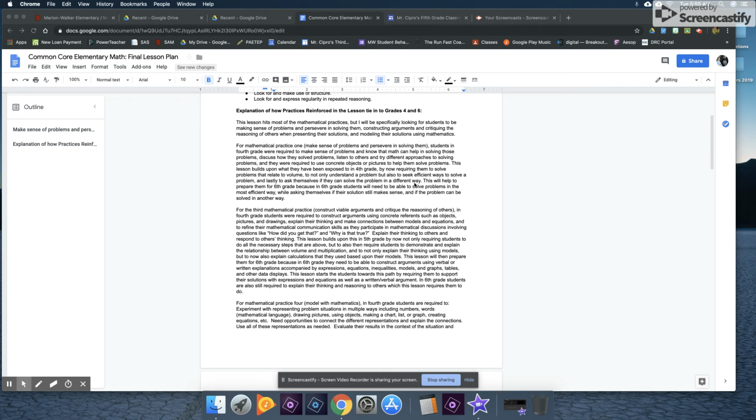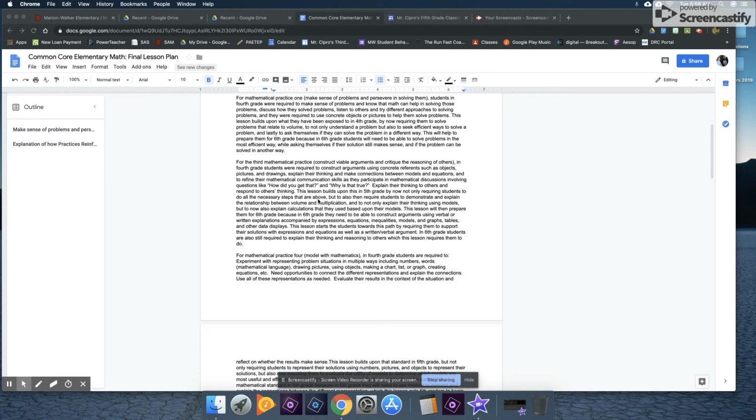This helps them to prepare for 6th grade, because in 6th grade, students will need to be able to solve problems in the most efficient way. So that's specific in the 6th grade standard. And this whole lesson, I'll be recording solutions, and I keep asking that question. Is this the most efficient way? What is the most efficient way that you can solve this problem?